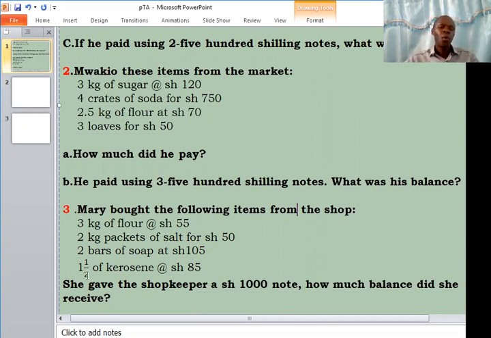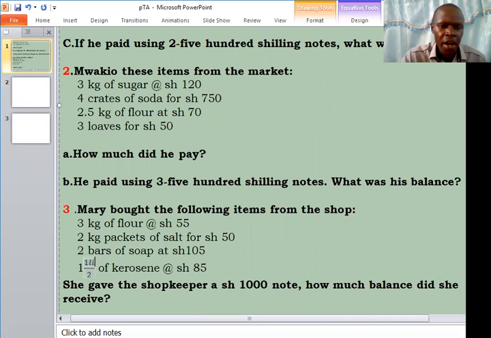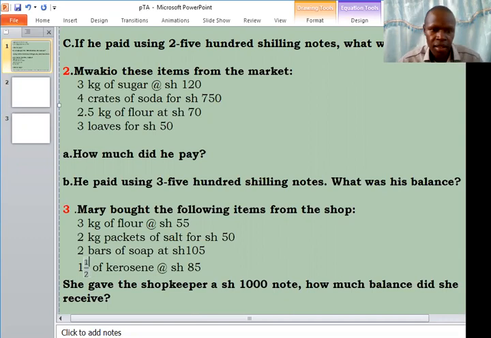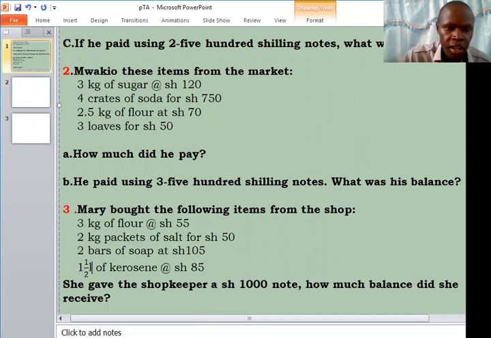Next, 1.5 liters of kerosene at 85 shillings. That means we are going to multiply.